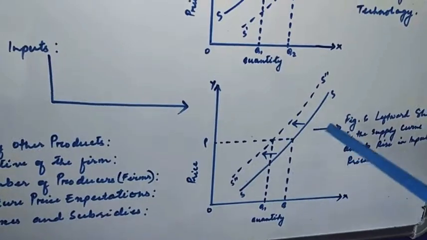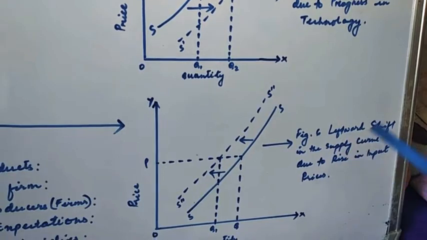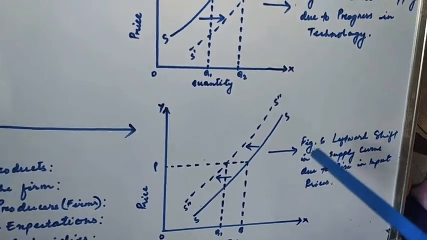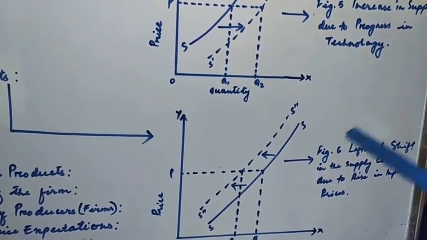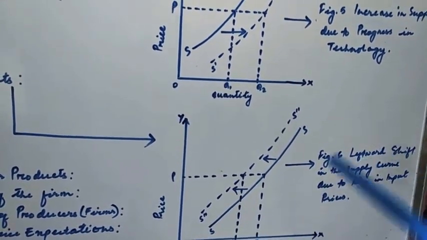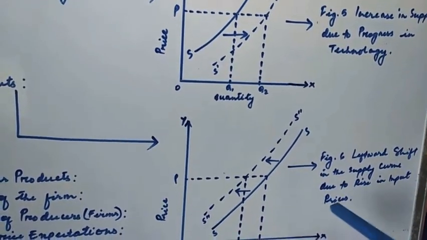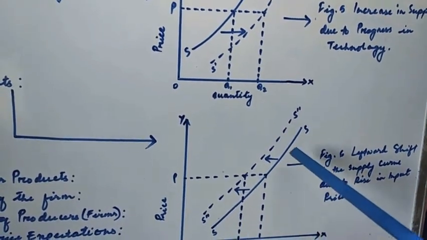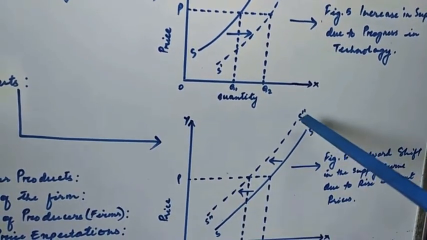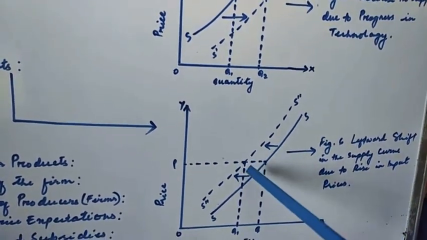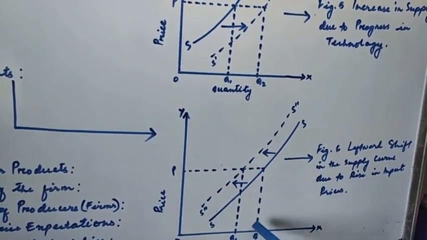This is shown in figure 6. Figure 6 shows the leftward shift in the supply curve due to the rise in input prices. Because of the rise in the prices of inputs, that is wages for the laborers and prices of raw materials, we see the leftward shift of the supply curve from SS to S dash dash S dash dash, indicating that less will be supplied at various price levels.